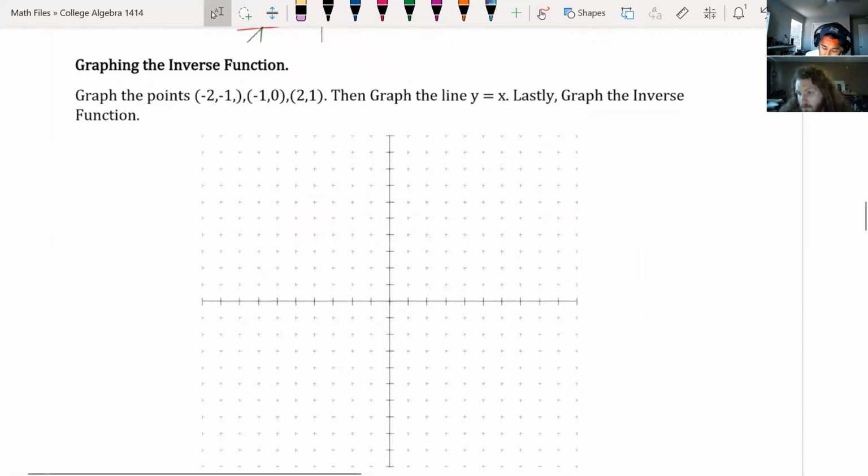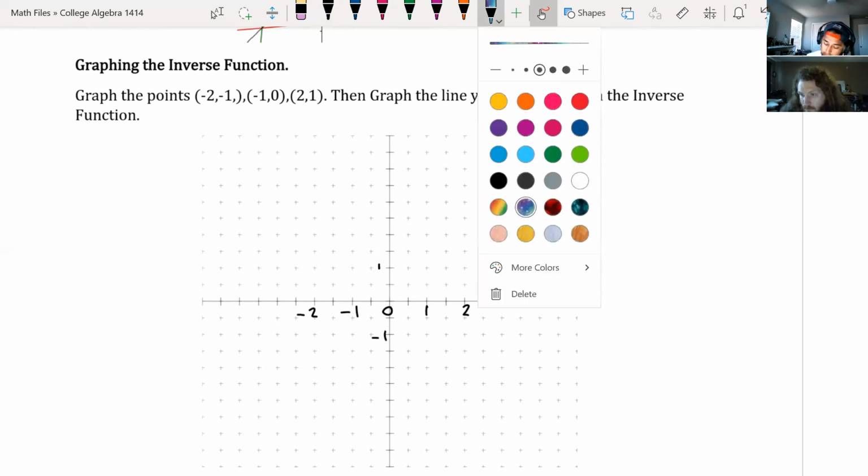So let me expand my graph a bit. Let's just say that this is 0, that's 1, that's 2, there's -1, there's -2, just using the space up. And then make that a 1 and make that -1.